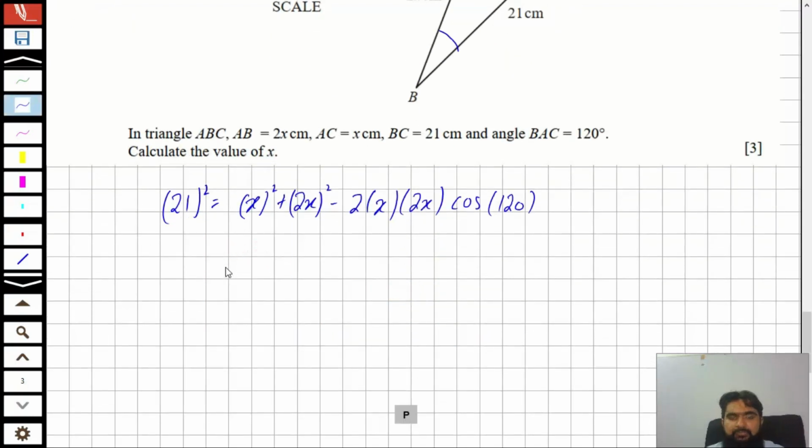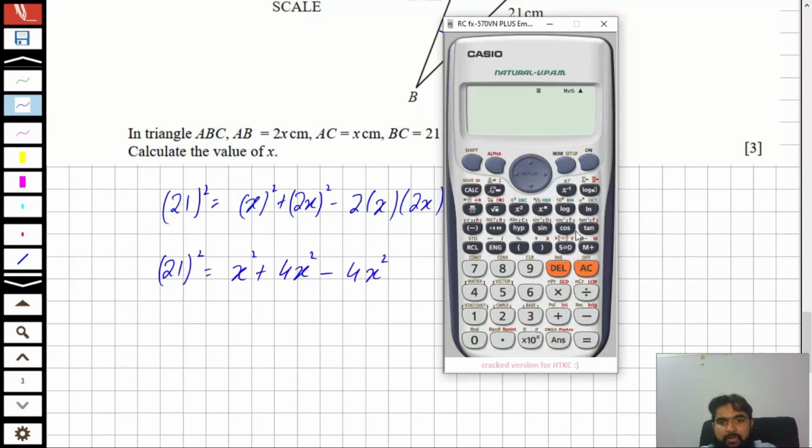Now here you have to find the value of x. You just have to make x the subject and you will get the value. Now it will be 21 square equals x square plus 4x square minus 2 times 2 is 4, x multiplied by x, that will be x square. Now let's find the value of cos 120.